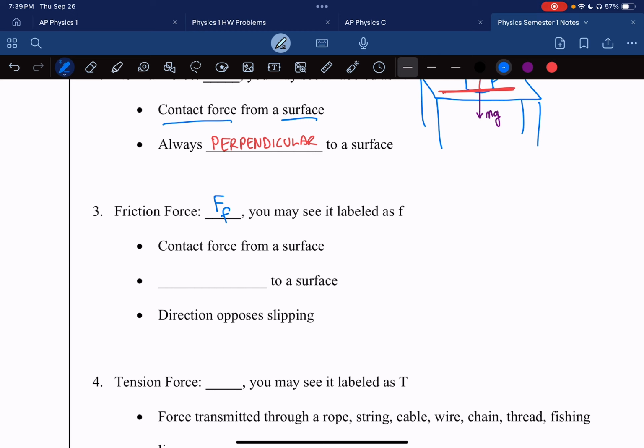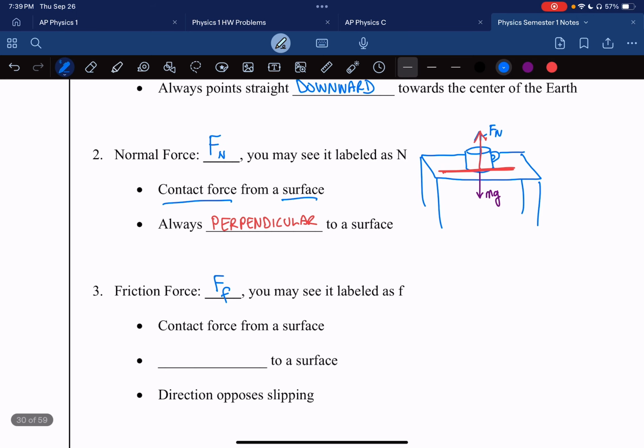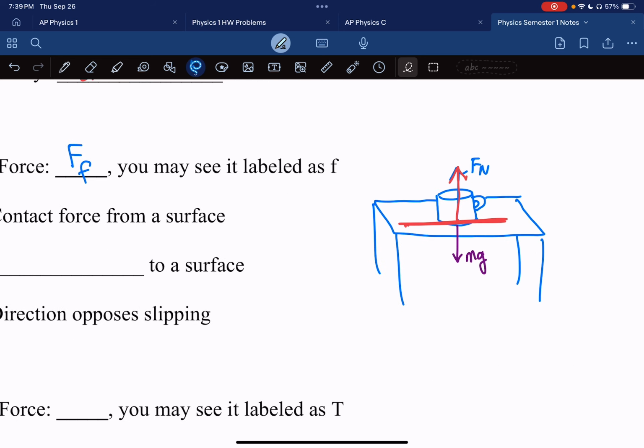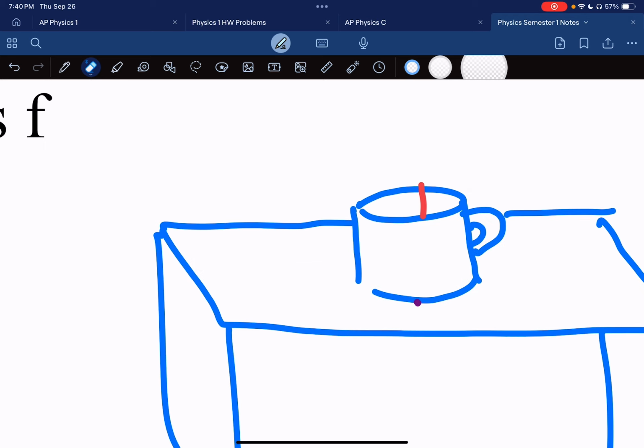Okay, so let's take that same mug. I'll just move it down here. Don't need it up there anymore. And let's clean this up. Whoops, that's too much. We'll redo this.